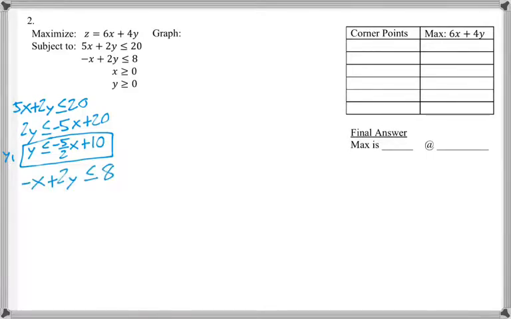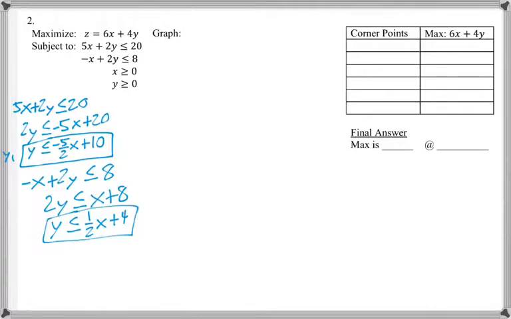Then my next inequality, I want to add x to both sides, and then divide both sides by 2. So my y2, or my second inequality, is y is less than or equal to 1/2 x plus 4. And then my third inequality is y is greater than or equal to 0.